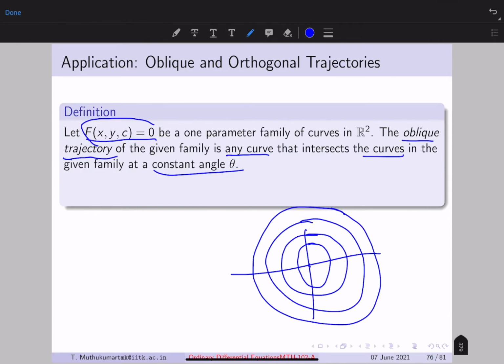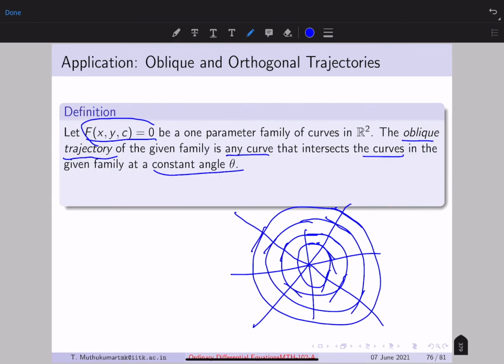You see, all straight lines passing through the origin will intersect the family of circles at right angles. Wherever they intersect, the intersection is a right angle.